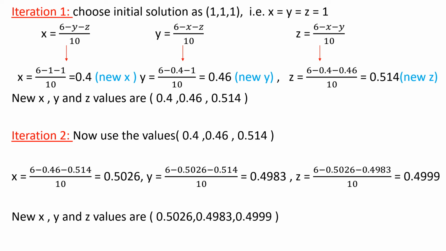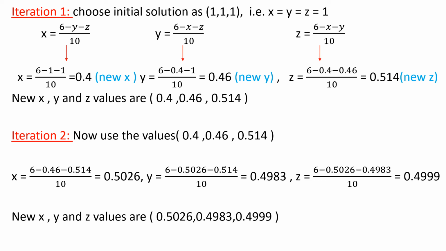Now, in iteration 2, we use the new values 0.4, 0.46, and 0.514. So x is equal to (6 minus new value of y and new value of z) by 10, and that is 0.5026. That is our new value of x. That should be used to find y. So y is equal to (6 minus 0.5026 minus 0.514) by 10. So the y value becomes 0.4983.